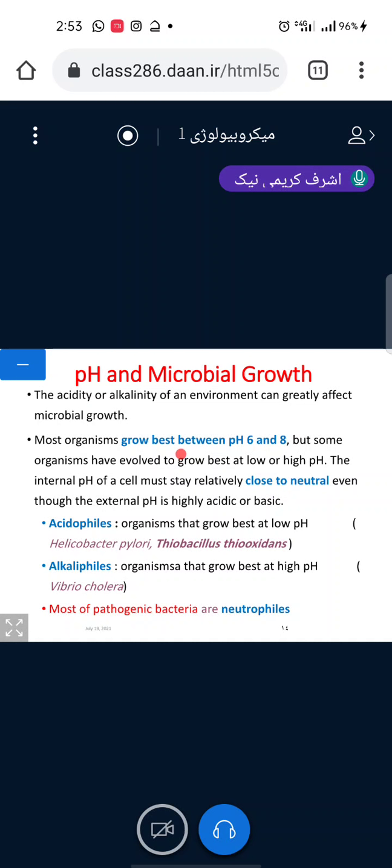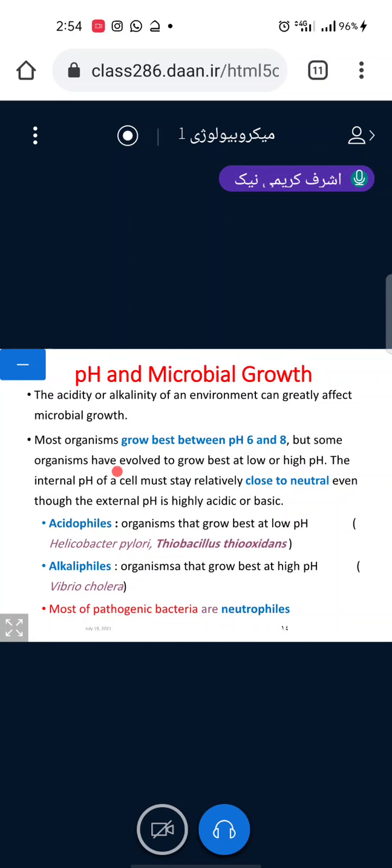pH and microbial growth. The acidity or alkalinity of an environment can greatly affect microbial growth. Most organisms grow best between pH 6 and 8, about neutral pH.